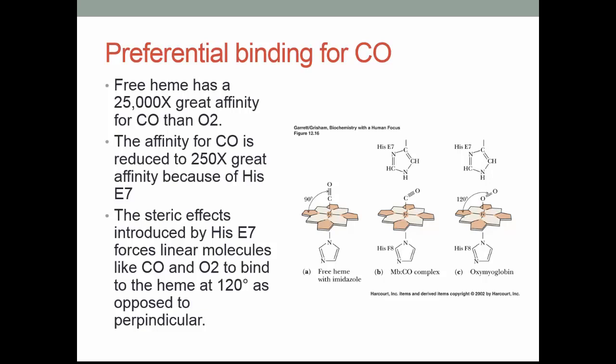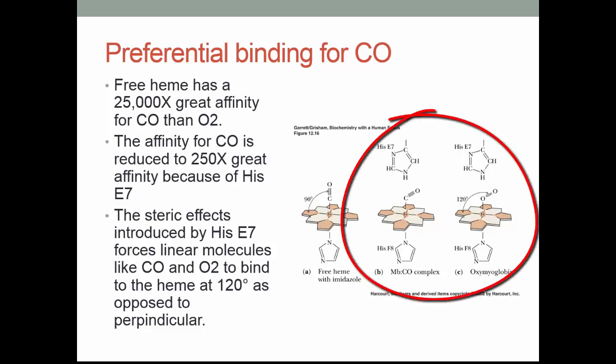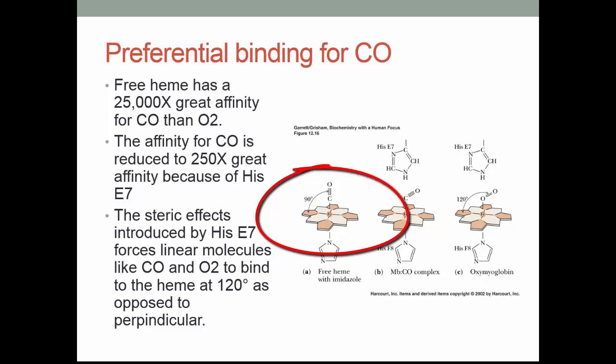for oxygen. The reduction from 25,000 to 250 times higher affinity is because of the steric effects introduced by histidine E7. Histidine E7 causes the linear molecules, such as oxygen and carbon monoxide, to bend at a 120-degree angle in respect to the porphyrin ring system instead of binding perpendicular.